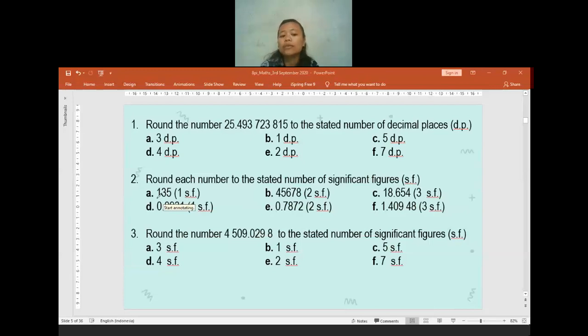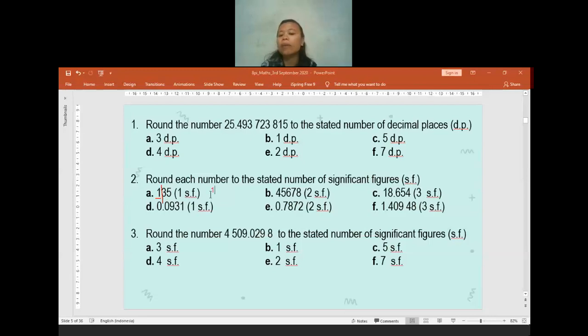So the 1 here is the first significant digit. To the right of 1, we have the number 3. Remember the rule before: if the number to the right of the chosen digit is less than 5, the chosen digit will stay as it is. That's why the 1 will stay as 1.